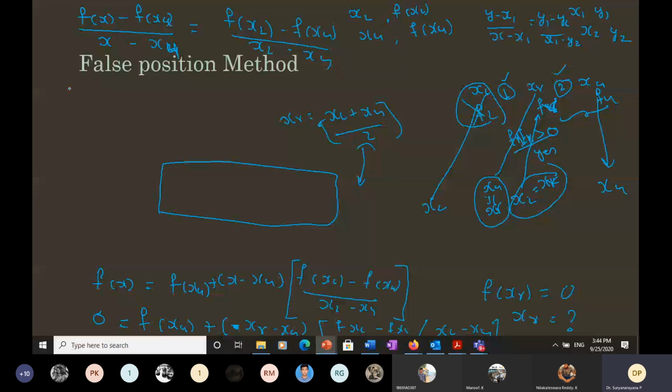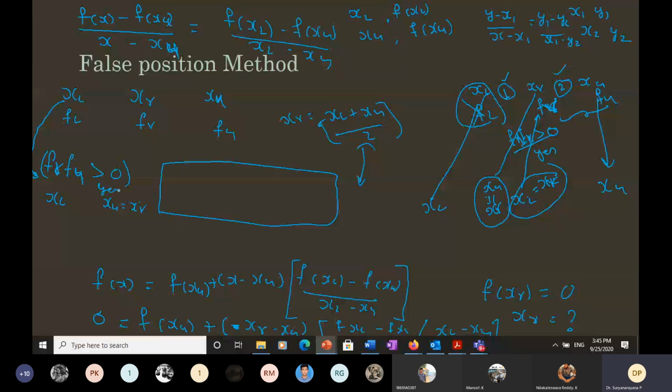Okay, so I could have done the same thing. XR is here, this is XU. Now FR, FU, FL. I could have done a similar thing by checking this. I could also check FR and FU. It's okay, this is also fine. If FR and FU is greater than 0, it means this does not have the root. In which case, you throw this away. XU becomes XR, and XL stays the same.